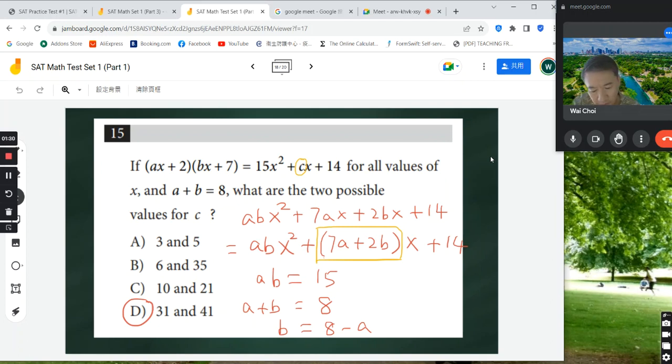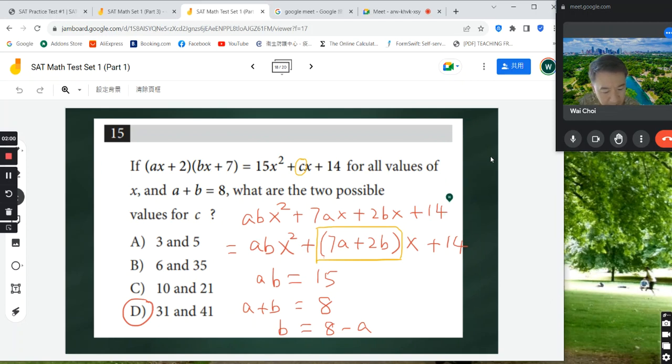We're going to carry out this multiplication and see what it looks like. So ax times bx is abx², and then ax times 7 is 7ax, 2 times bx is 2bx, and finally 2 times 7 is 14.